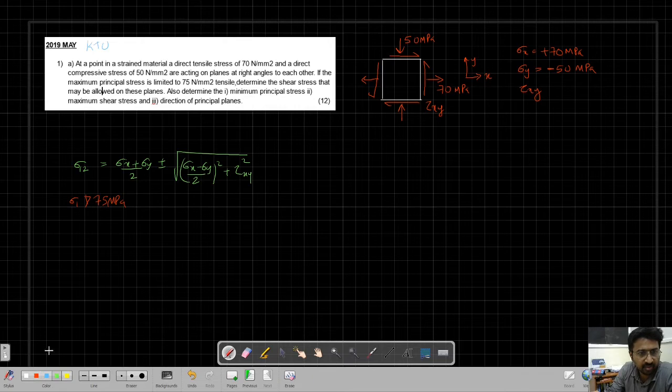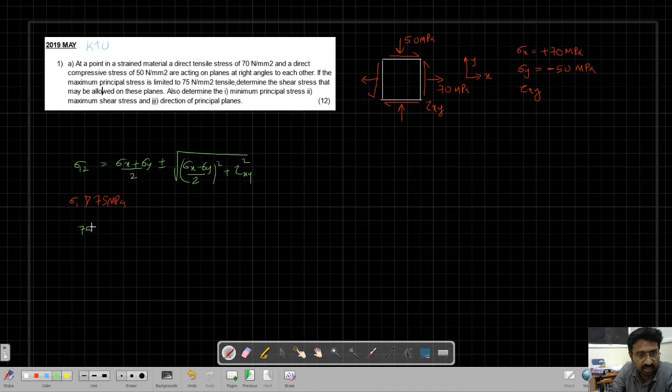If you incorporate that condition here, let's say we take plus: this will be positive, this also seems to be positive, so plus plus plus, you get a positive stress, that means a tensile stress. So the maximum tensile stress is when we consider the plus here.